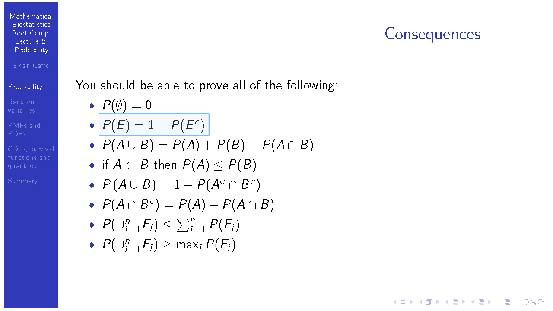The second bullet says the probability of an event is 1 minus the probability of its complement. For example, if E is the event that you get a head when you flip a coin, the probability of getting a head is 1 minus the probability of getting a tail. That's, of course, true on a fair coin where the probability of a head is 0.5 and the probability of a tail is 0.5. But let's suppose you have an unfair coin.